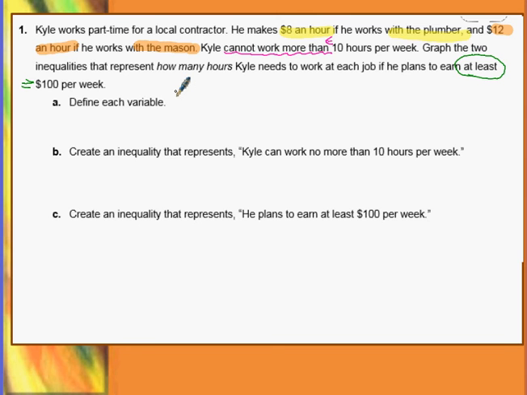Before creating inequalities, we have to set what our variables will be. So let x equal, let's see, what came first? The number of hours working with the plumber.